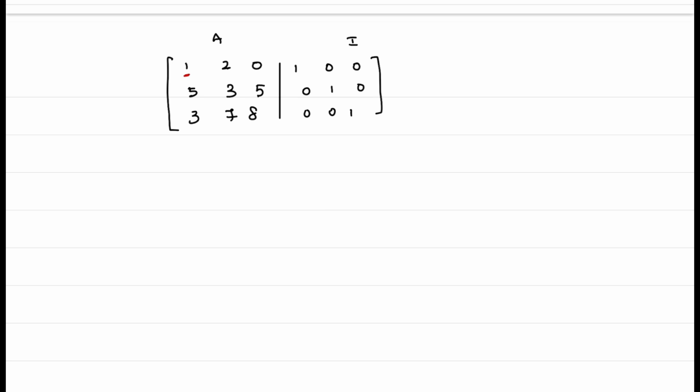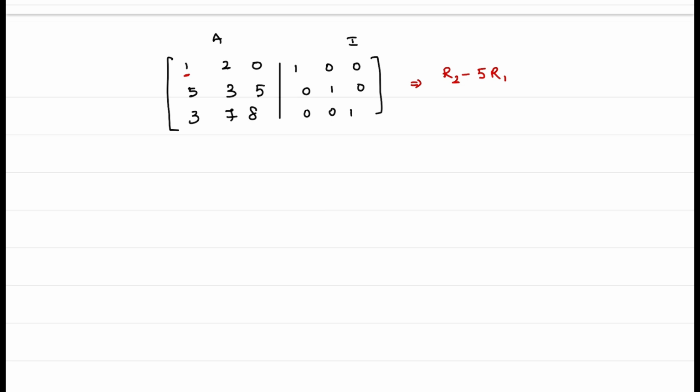Then the second element in the first column, I want to make it 0, because on the right hand side it should be 1 0 0. Then what do I have to operate? Let me operate R2 minus 5 R1. Do you agree?